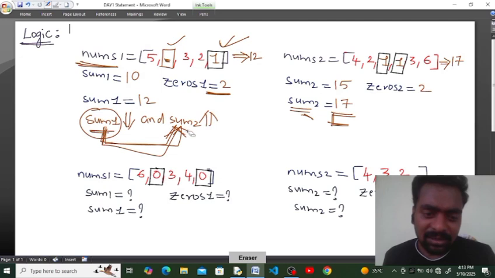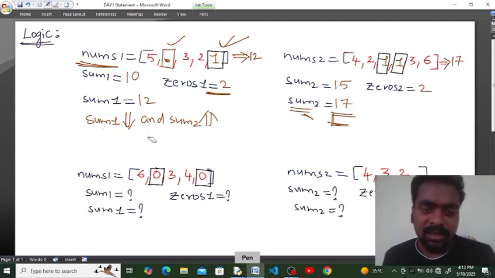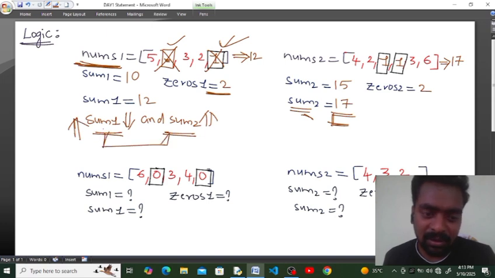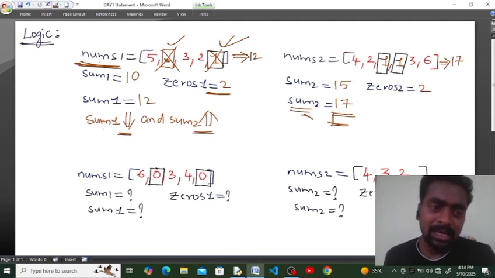But in case sum1 is small, sum2 is large, but in the first array nums1 we don't have any zeros, is it possible to increase the value of sum1 such that sum1 will be equal to sum2? Not possible. So the observation is, if sum1 is small, sum2 is larger, in the first array we should have at least one zero.